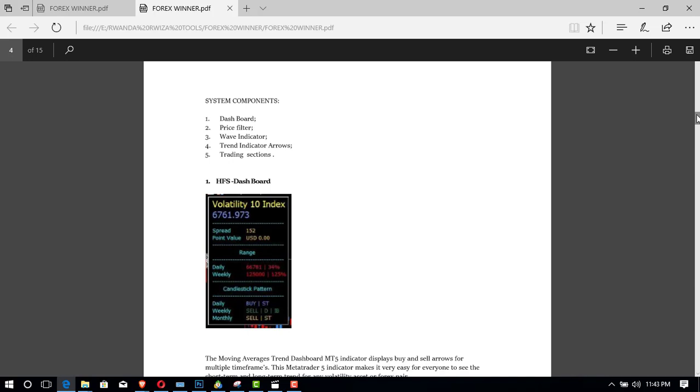So what is Heikin Ashi, or price volatility? The Heikin Ashi technique averages price data to create a Japanese candlestick chart that filters out market noise.